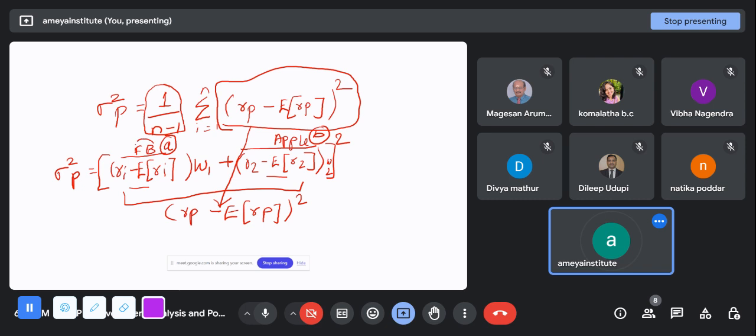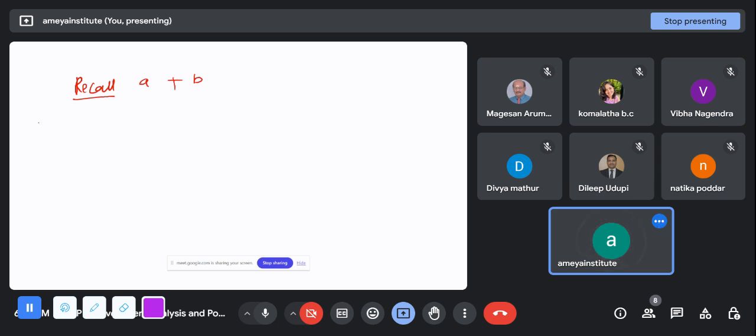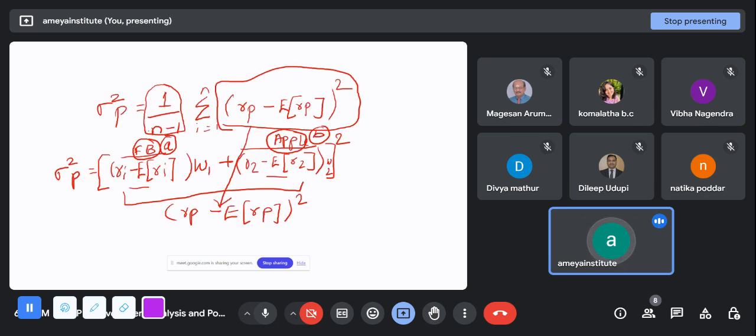Facebook is your a, Apple is your b. So what is a here? Ri minus expected Ri, and what is b? R2 minus expected R2 into weight of 2. So we can write like this: a plus b. Now you tell me, this is a, this is b, what is happening at the last?